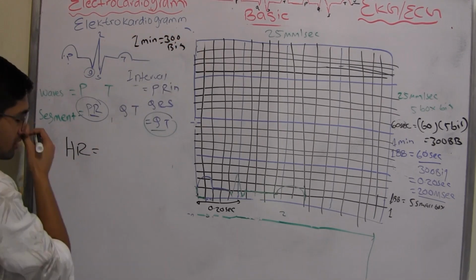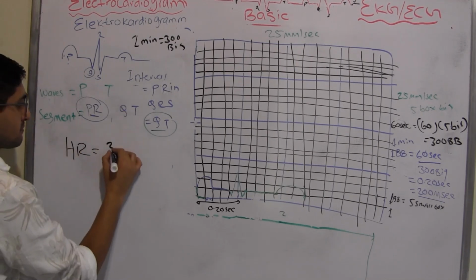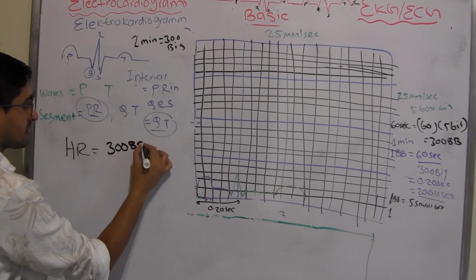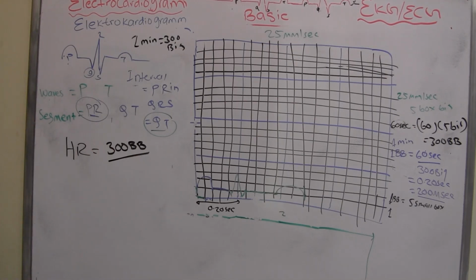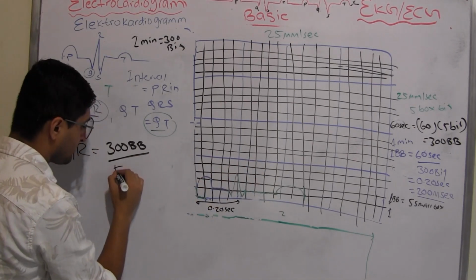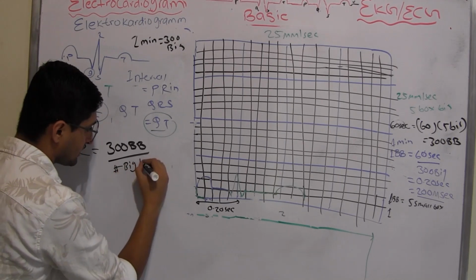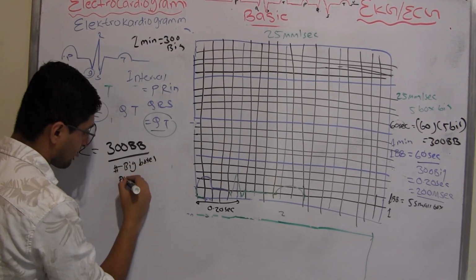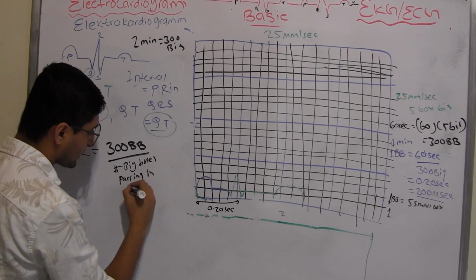So you can calculate the heart rate as 300 big boxes divided by the number of big boxes passing in one cardiac cycle.